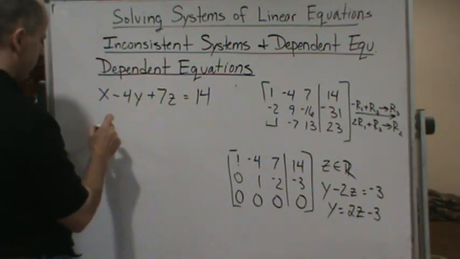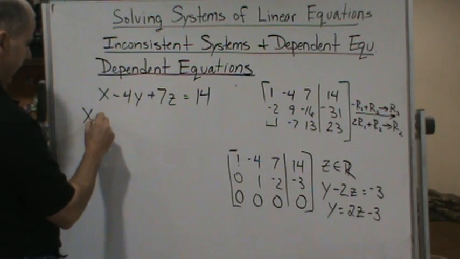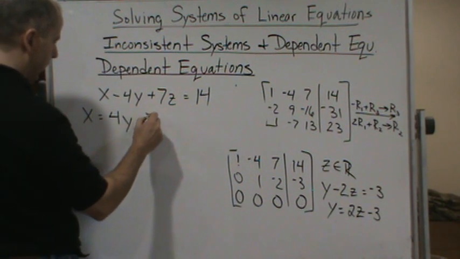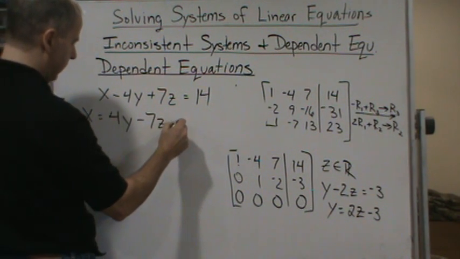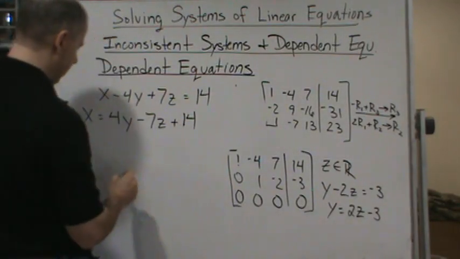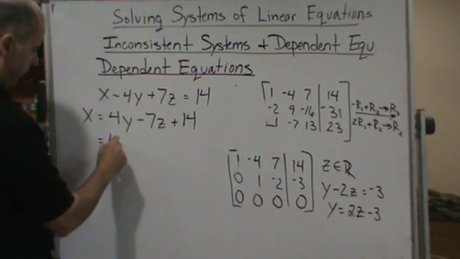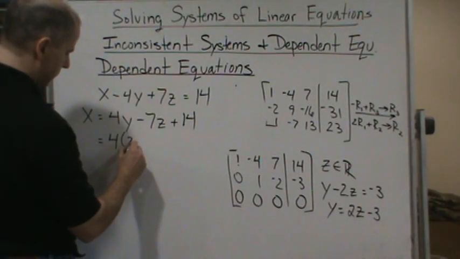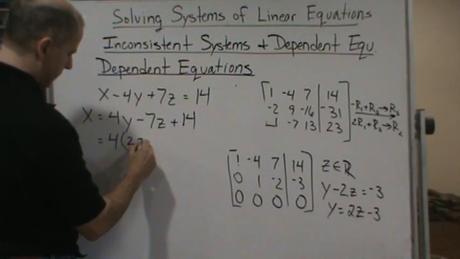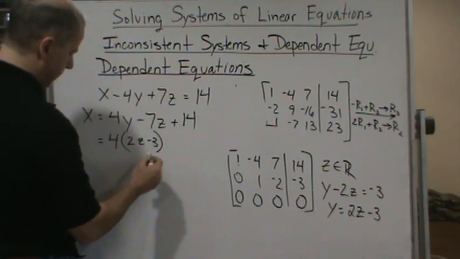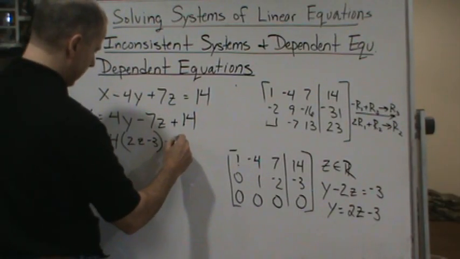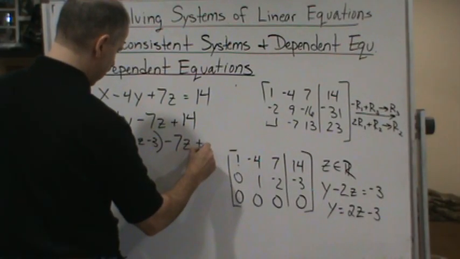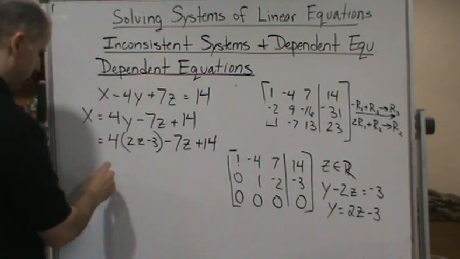So let's solve this for x first. So this is going to be x is equal to 4y minus 7z plus 14, which is then equal to 4 times y is equal to what? Now we're going to substitute 2z minus 3 minus 7z plus 14, and now we're going to simplify.